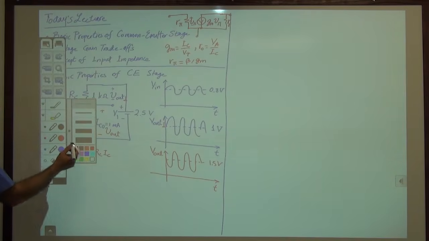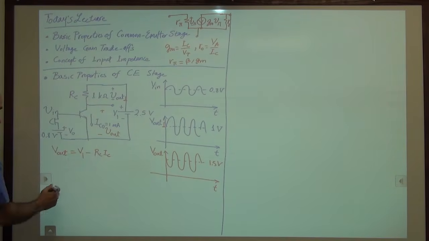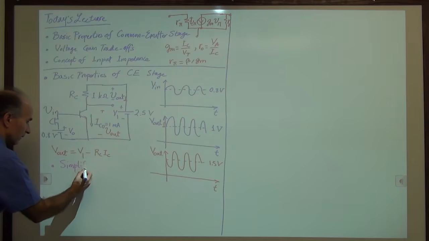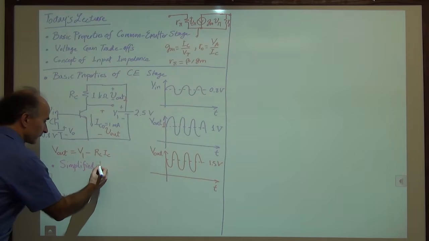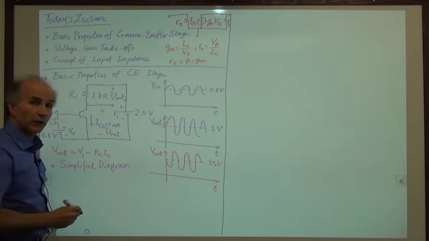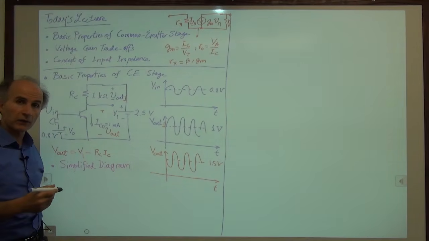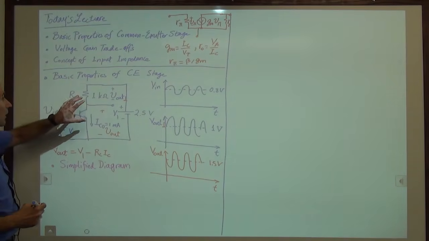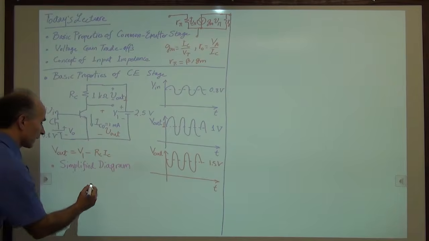Let me change the color of my pen and we'll see what this means. Simplified diagram. So these are some conventions that you need to learn because from now on our circuits will be drawn in the simplified form. Okay, so we draw the basic circuits still as before.